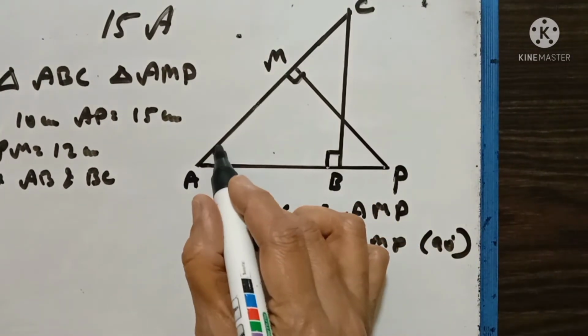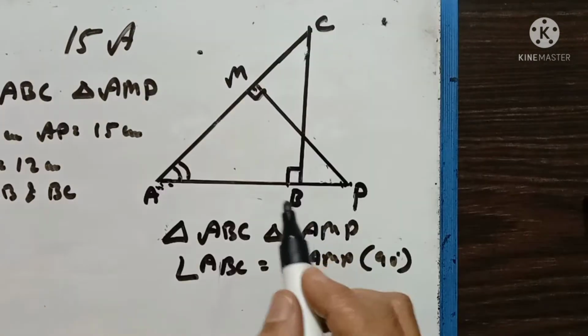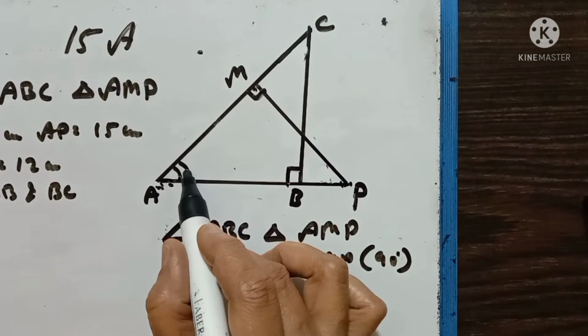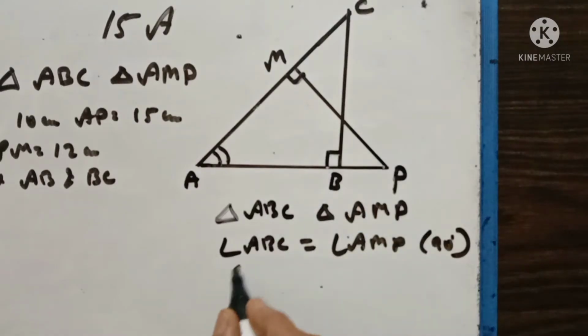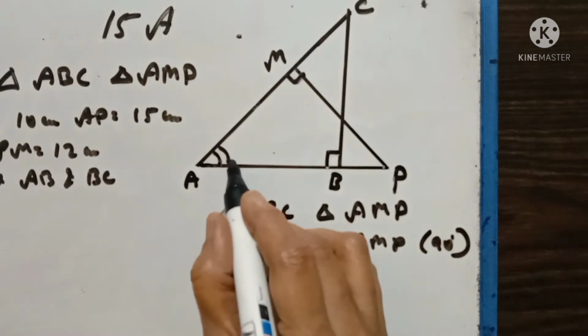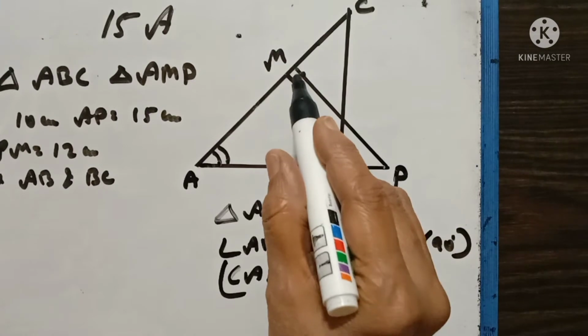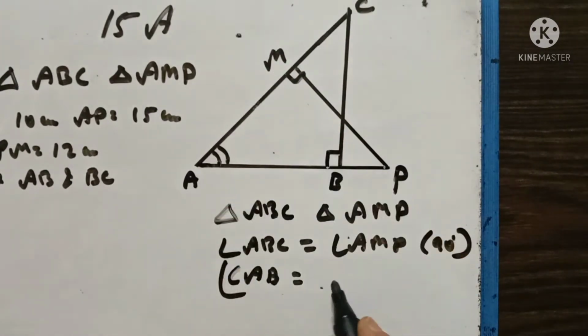This angle is common to both the triangles. For triangle ABC, it is CAB, equal to, in triangle AMP, angle MAP or PAM.